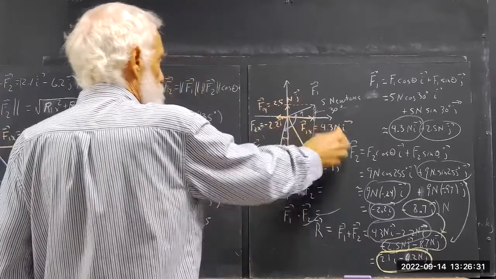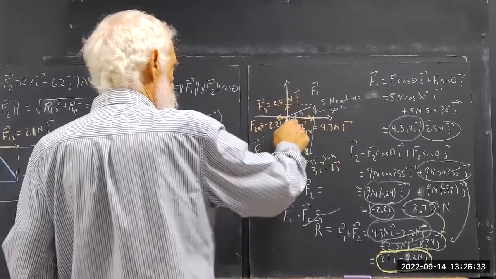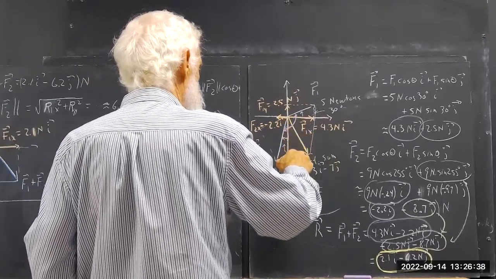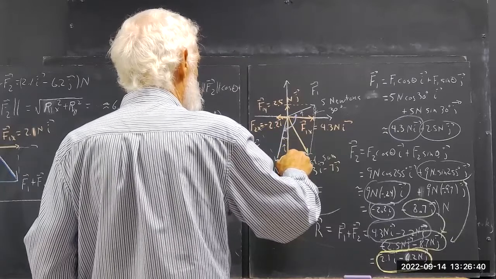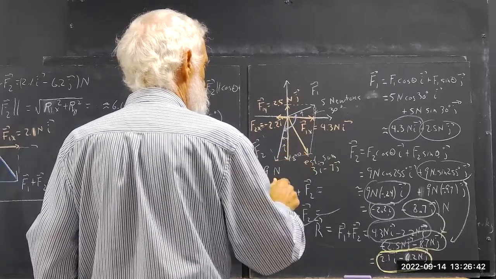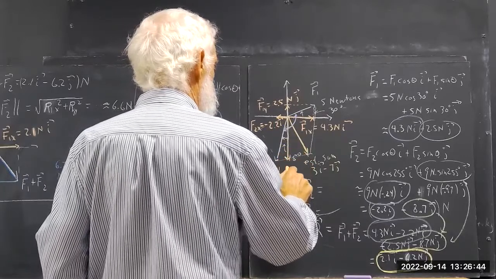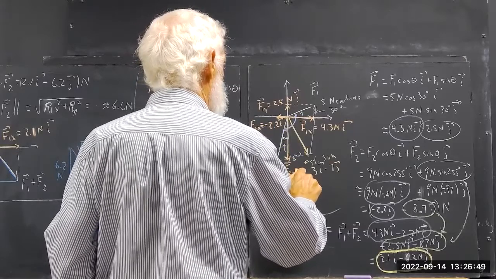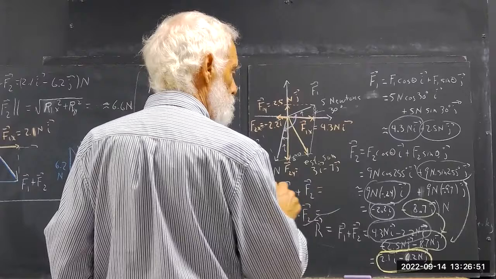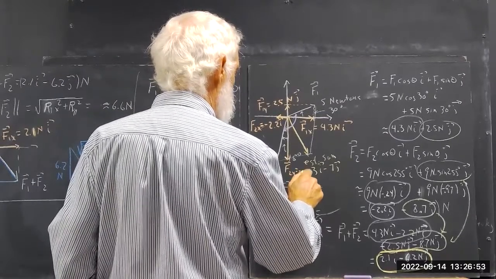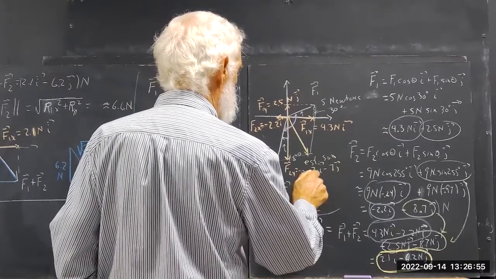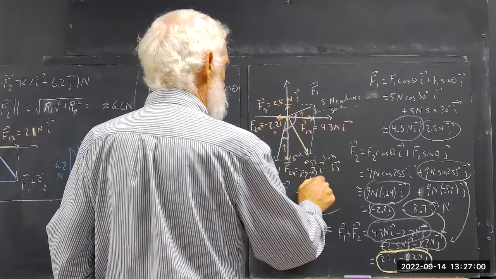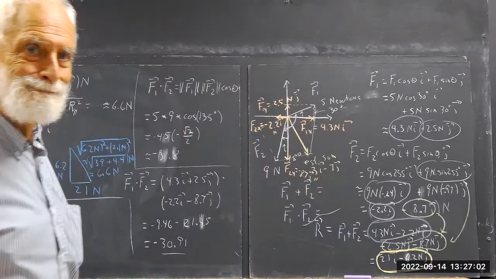Now I should have written the newtons to be consistent with what I've got here, but I don't have a lot of room. And my F2y equals negative 8.7 J. And I'll put an N there, just to be consistent.